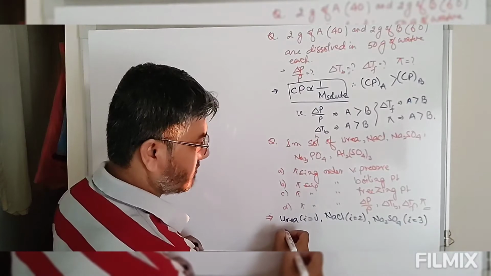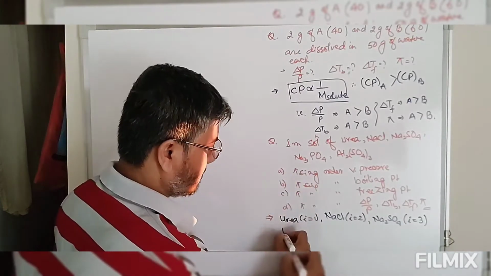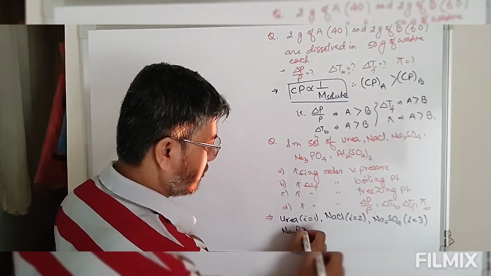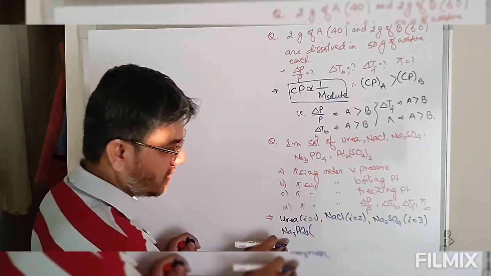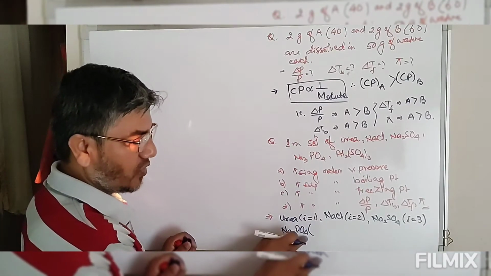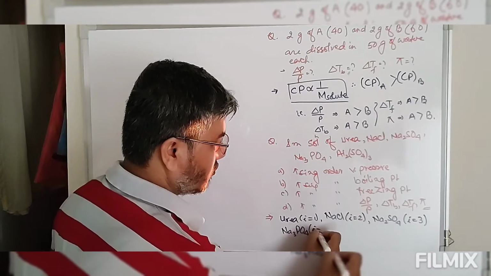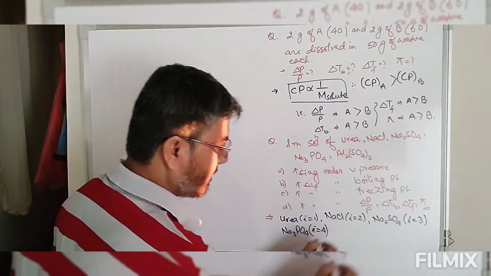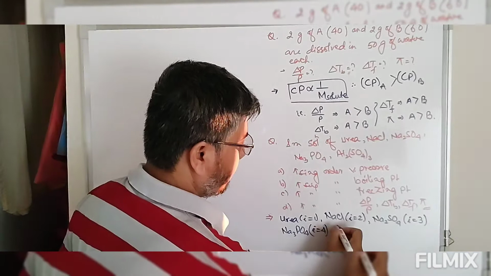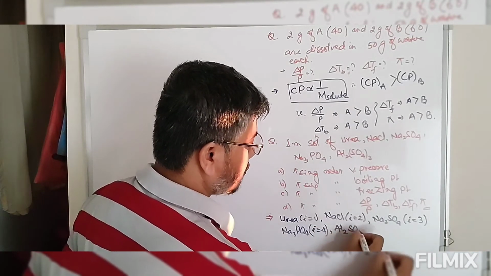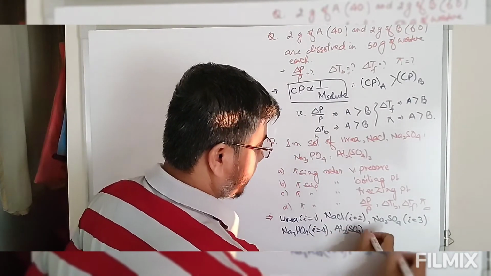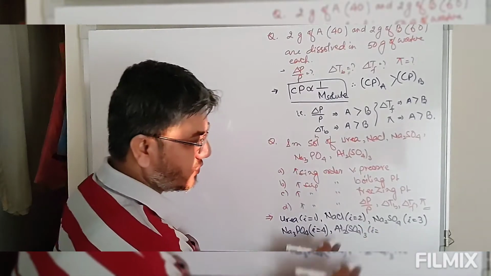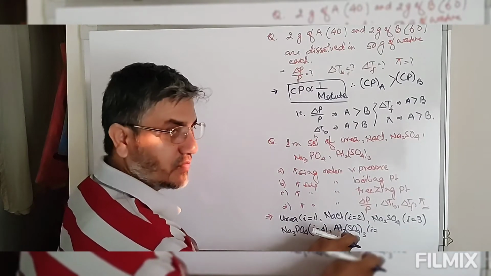Then we have sodium phosphate, Na3PO4. Sodium phosphate gives 3 moles of sodium and 1 mole of phosphate. So i will be equal to 4, the van't Hoff factor i. Then we have Al2(SO4)3. On dissolution this gives 2 moles of aluminum ion and 3 moles of sulfate ion.